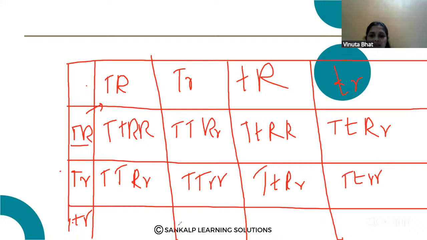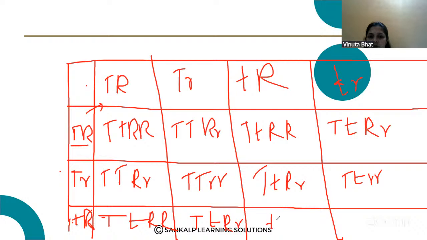Okay, then again small t capital R. Here capital T capital T, small t capital R capital R. Okay, then last, the second one, capital T small t, capital R small r.